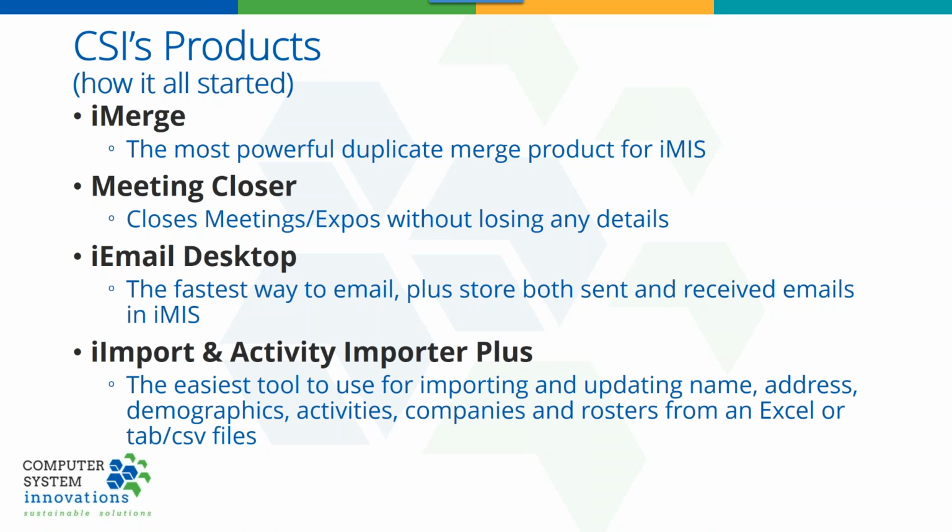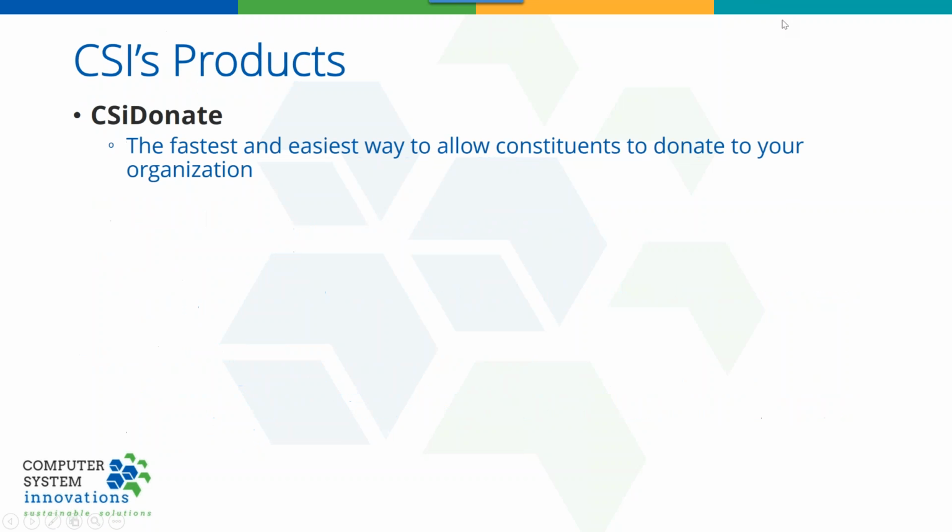The next thing we did was Activity Importer Plus and then iImport. And those are the easiest tools out there right now for bringing data into your IMAP database or even updating. You can do a merge purge, you can change your demographics, all those fun things are available today.